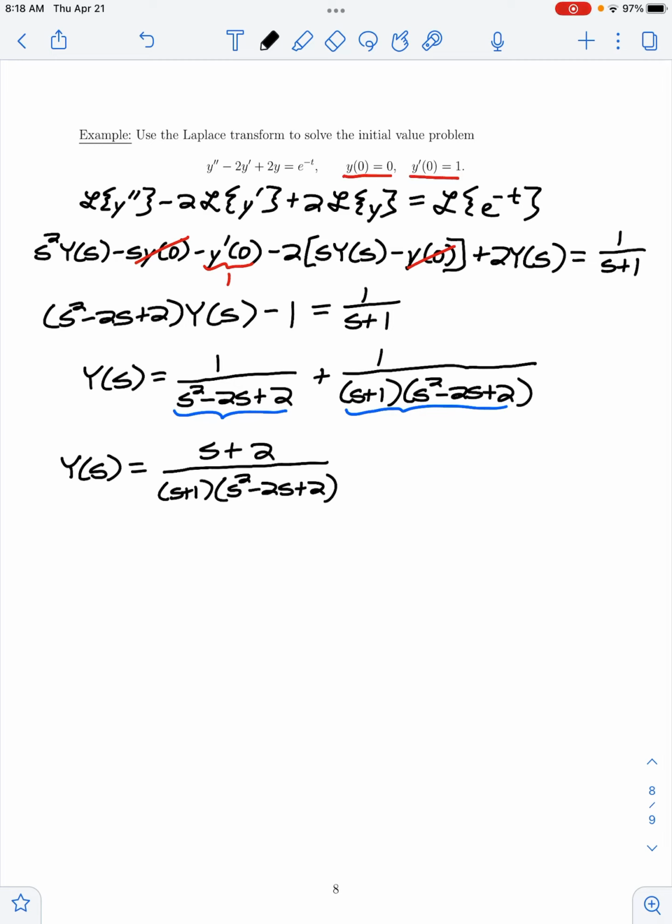And so let's look for a partial fraction decomposition of this function, which would have the form A over my linear factor, s plus 1, plus Bs plus C, that is a linear function, divided by the irreducible quadratic.